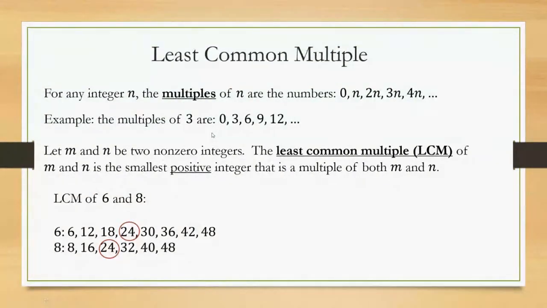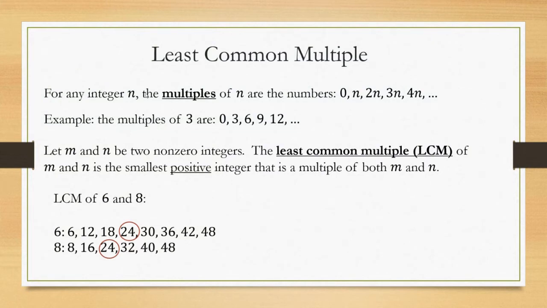And again, if you have two non-zero integers, the least common multiple, remember, is the smallest positive integer that's a multiple of both m and n.